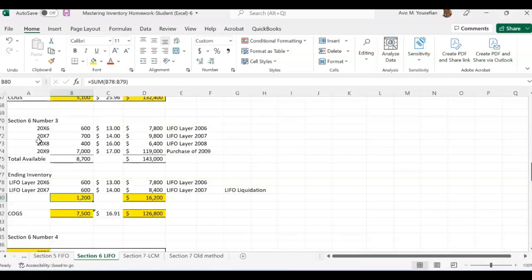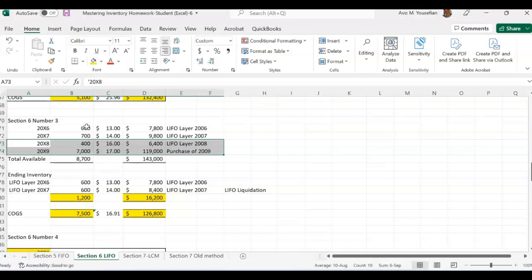Remember, LIFO means last in, first out. So those last-in layers are already gone. So what is left? The top layer. Let's go to the top and pick up whatever we can from the top.